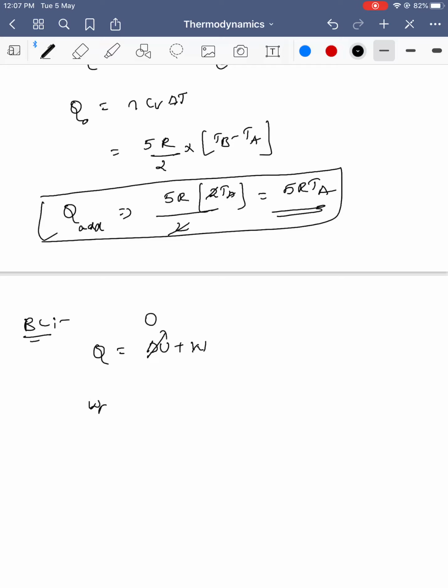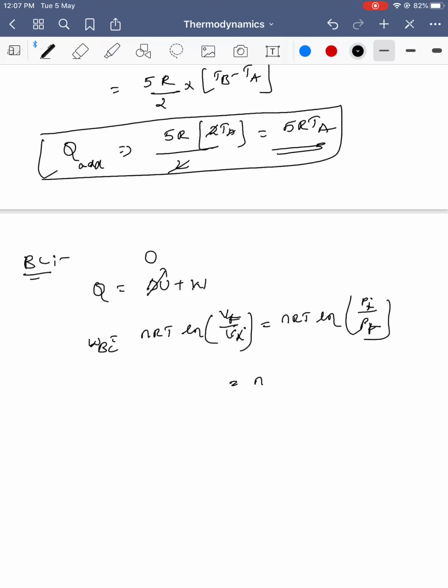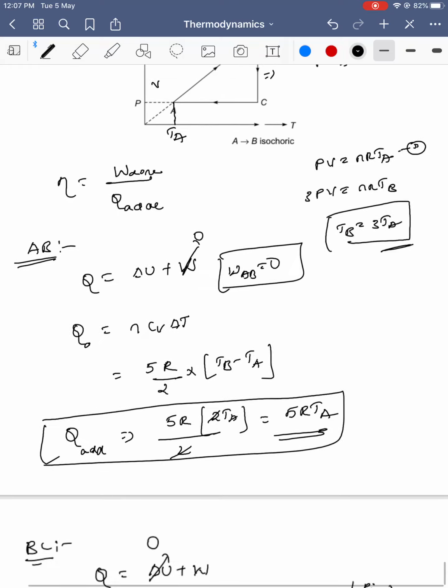So W in BC is equal to nRT into ln V2 by V1, or nRT into ln P1 by P2. Here P1 is the initial pressure. We know n is 1 and R. What is the temperature there? It is 3 TA because of TB.